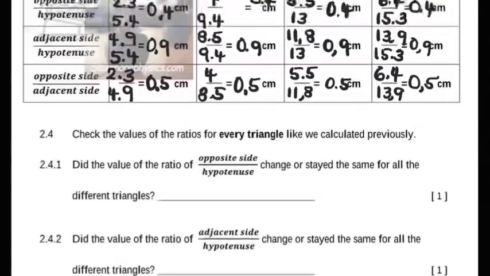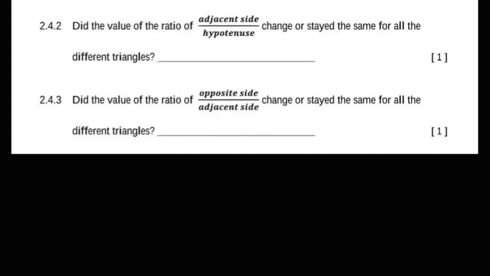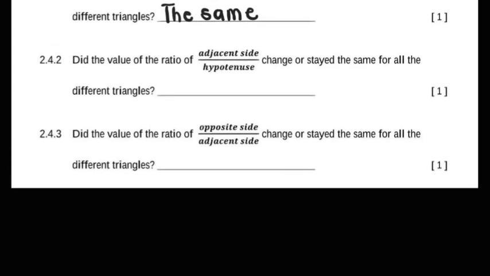Now, if we refer to the table and we go to the part that's opposite side over hypotenuse, we notice that all the values were in fact the same since they all were 0.4. So answer is the same.